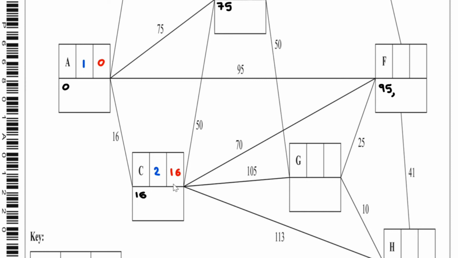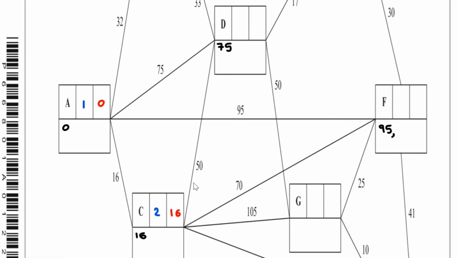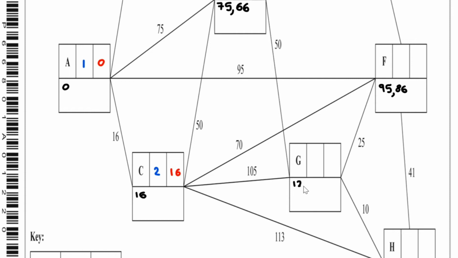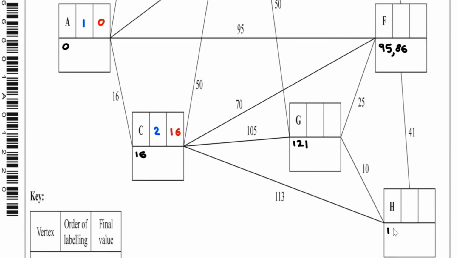Now, let's take a look at everything coming off C. We've got 16 plus 50, which is 66. We've got 16 plus 70, which is 86. We've got 16 plus 105, which is 121, and 16 plus 113, that's 129.